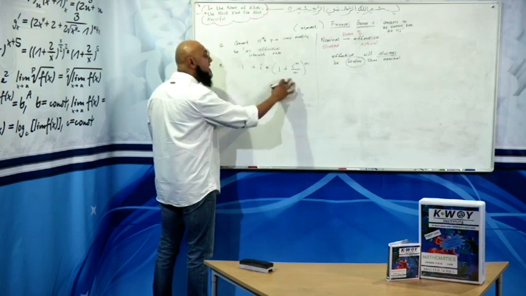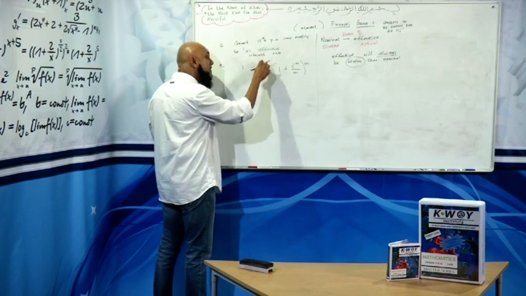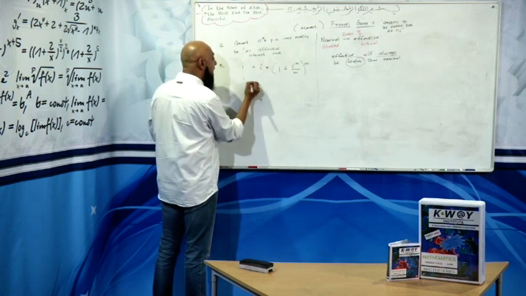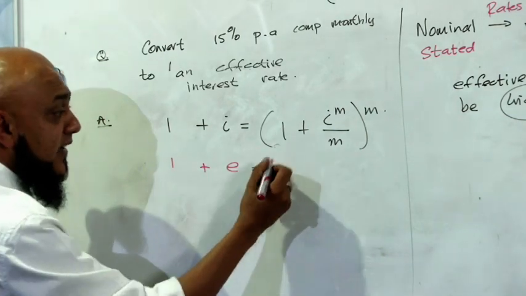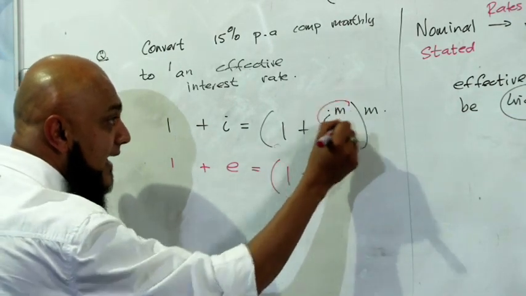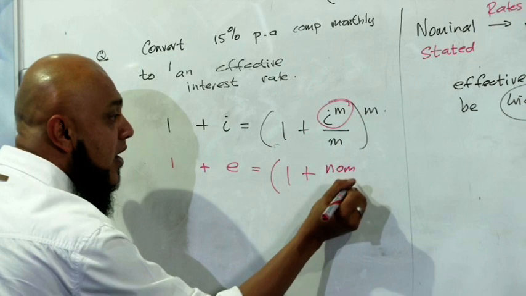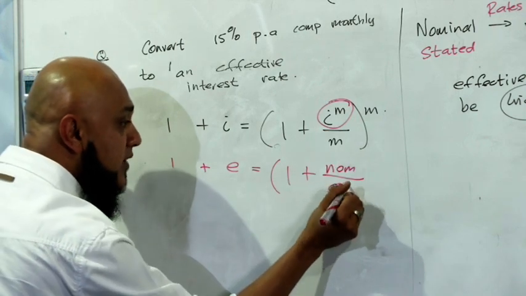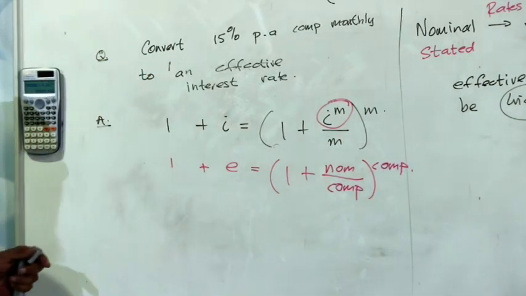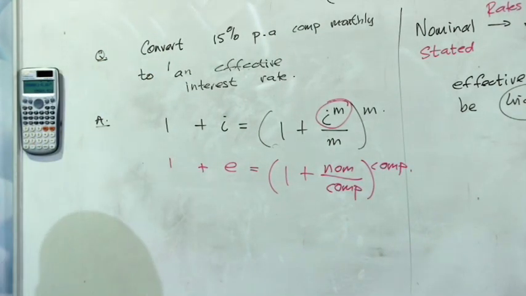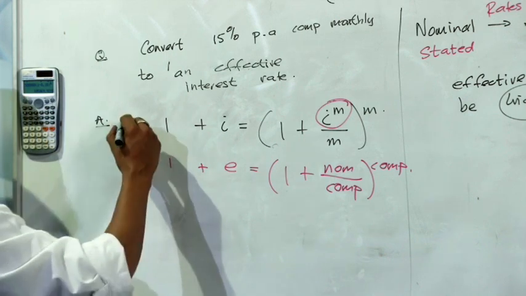What I'm doing in red is just for you to understand what that formula represents. 1 plus effective, 1 plus your actual, is equal to 1 plus your nominal over m, your compoundings, to the power of your compoundings. So there we go. 1 plus effective is equal to 1 plus your nominal over your compoundings to the power of your compoundings. That's where you start off and you get a mark for that.